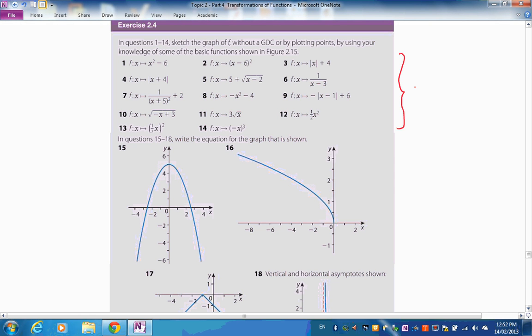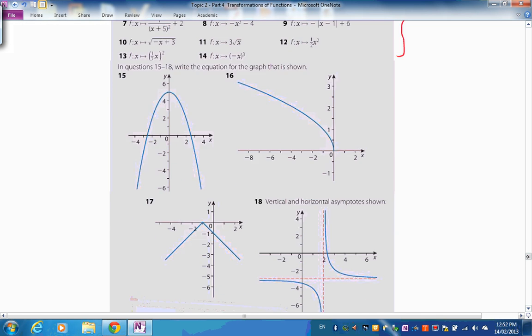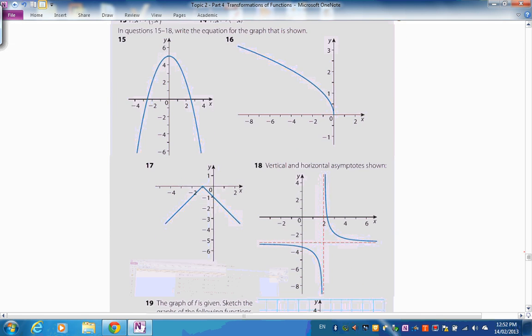And so on. And then as we go down here, we've got some functions there where we're trying to identify the formula. So these are our functions that we had summarised before, our basic tools, and so you're going to try to predict what the formula would be for each of those under the transformations.